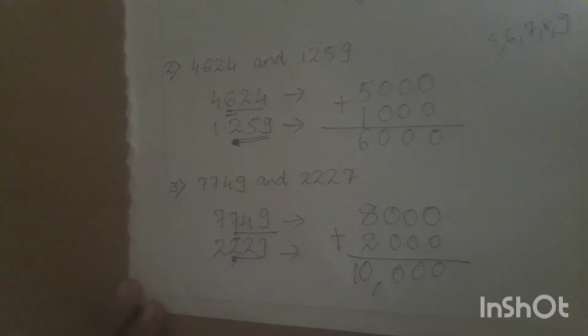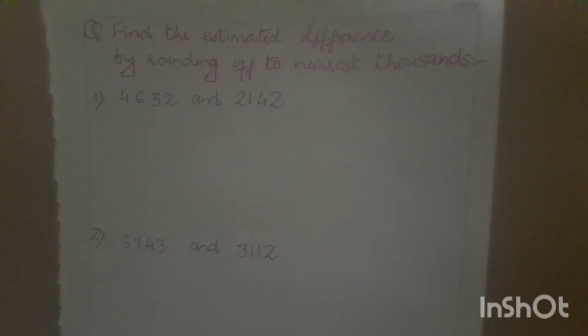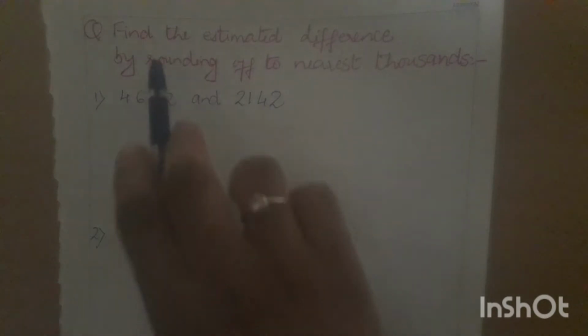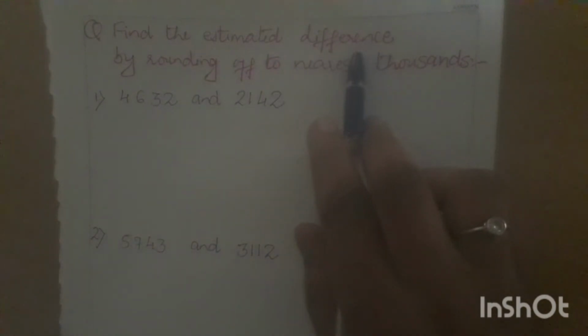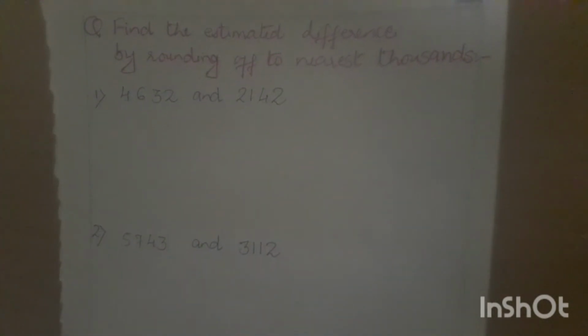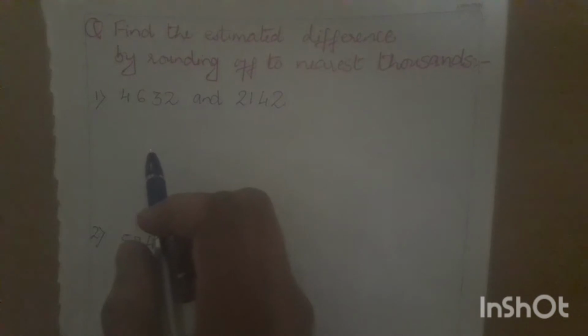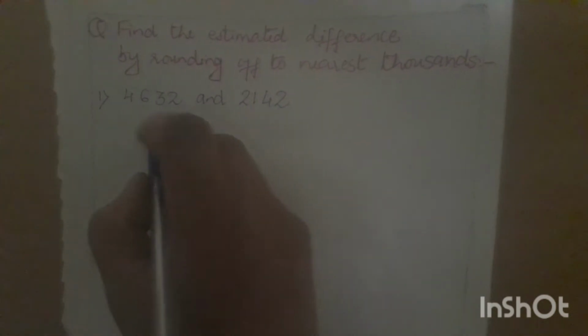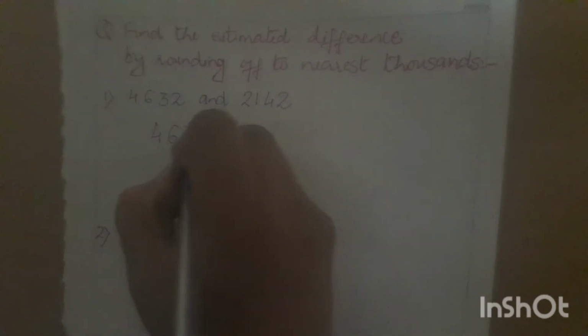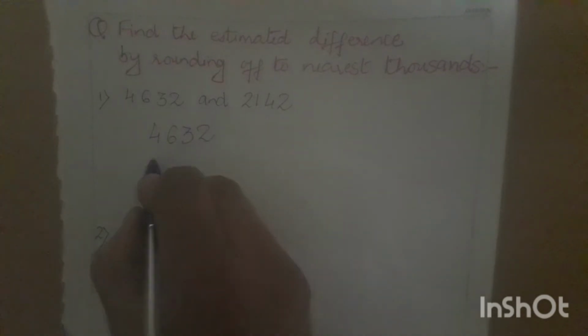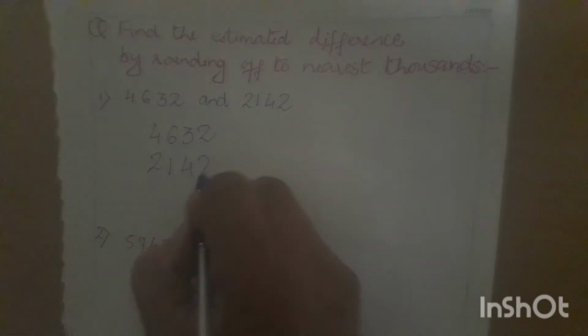Okay, now see this question. Here the question given is find the estimated difference. So now you have to go for the difference of the numbers by rounding them off to the nearest thousands. Okay, and here the number is 4632. The second one is 2142.